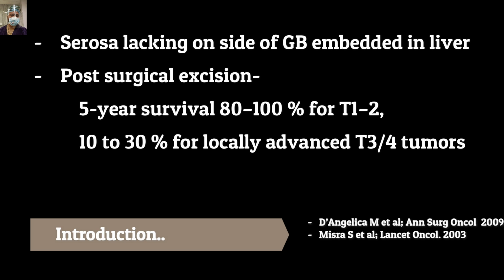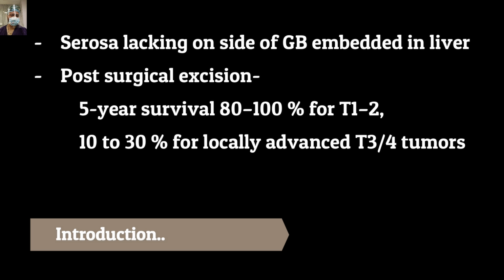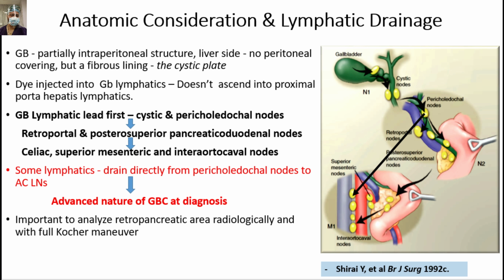Friends, all these figures and facts are based on the literature review, and I have given the relevant references here also, so viewers can check these references for more in-depth analysis. As I said earlier, it is a partially intraperitoneal structure and it lacks serosa toward the liver side, and it is separated from the liver by a thin fibrous plate, that is the cystic plate.